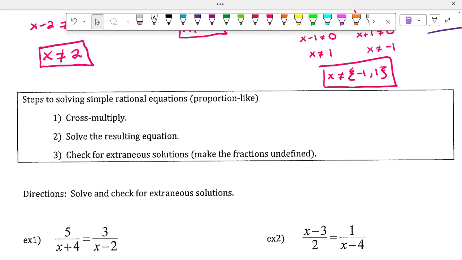Okay. So first thing we're going to do, cross multiply. You're going to have one fraction equal to another, so you're going to start by cross multiplying. Some of you may know that as the butterfly method. You would then solve the resulting equation. Now, be careful, because this could either be a linear or a quadratic. So you could see both.